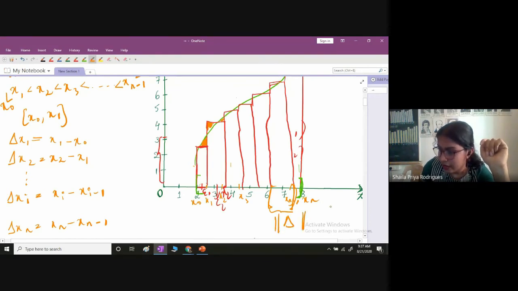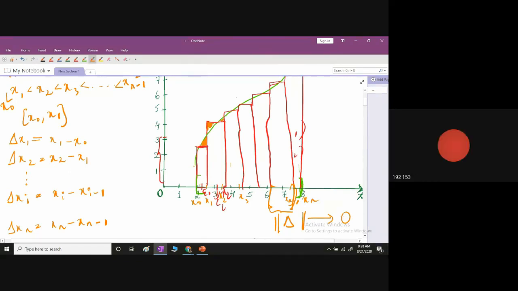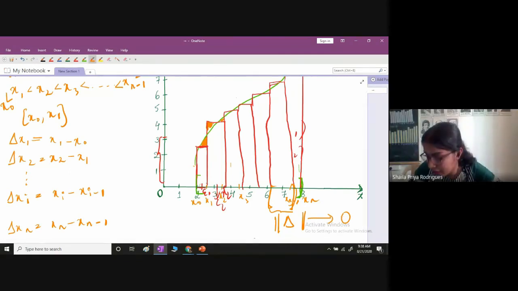The significance of speaking about norm is, as the norm tends to 0, the rectangles that you have here are going to become just lines. The biggest subinterval that you have here, its length is going to be the norm. As the norm tends to 0, the rectangles are going to look just like lines. And then we're going to get the approximate area by eliminating those gaps in between that I've denoted in orange here.